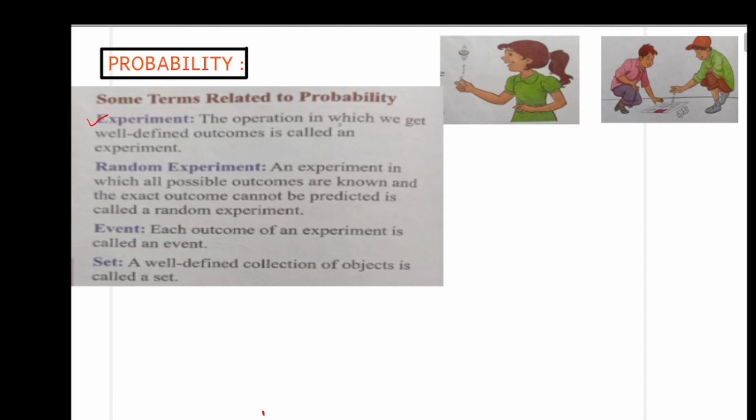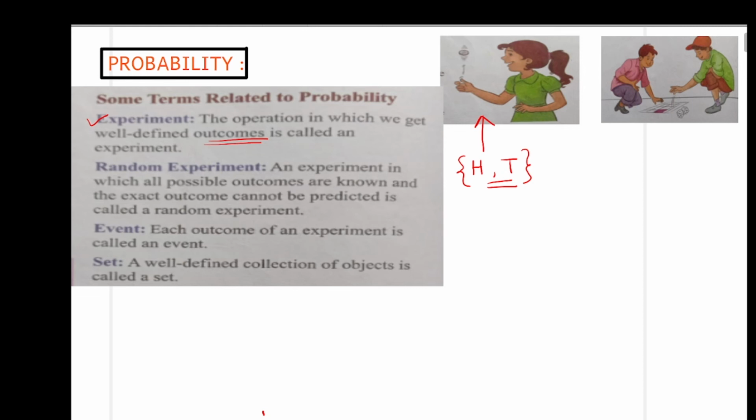The operation in which we get well-defined outcomes is called an experiment. Now see, in this picture, if we toss a coin, then what will we get? Either we will get head or tail. So well-defined outcomes, definitely we will get these two. These are called the experiment.